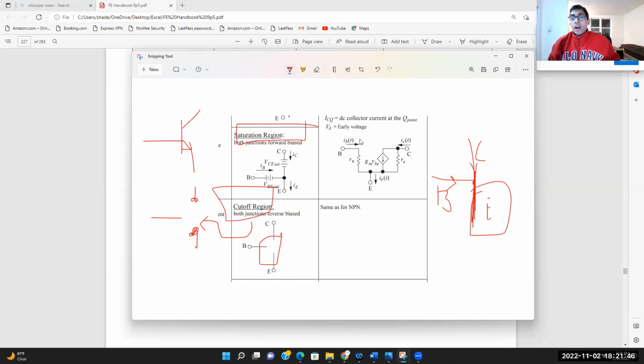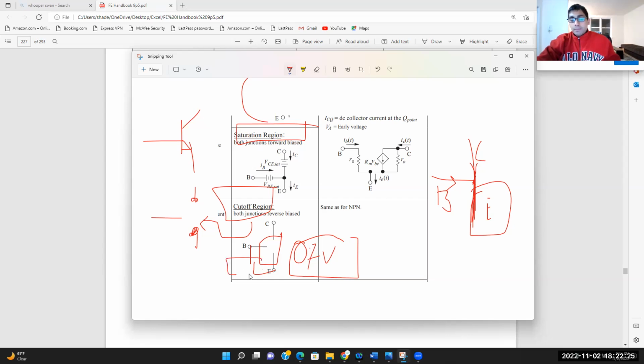Now, when would it be operating in my cutoff region? It would operate in the cutoff region if I'm not applying enough voltage across my base and emitter. Typically, I need to apply at least 0.7 volt across my base and emitter for it to actually conduct and operate either in the saturation region or in the active region, which we will discuss shortly.